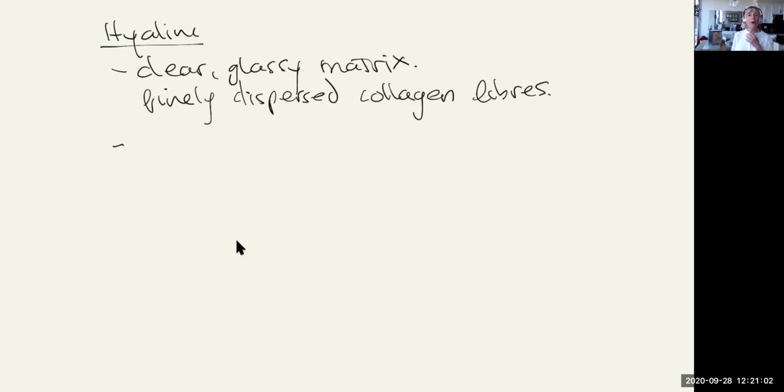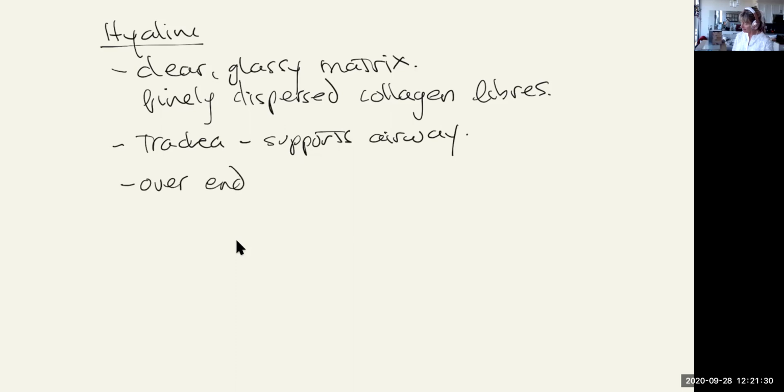It supports your airway, for example. So the trachea is surrounded by hyaline cartilage. So it maintains the shape of the trachea. It keeps the trachea open for the passage of air. It's over the end of bones, at the movable joints so that there isn't as much friction.